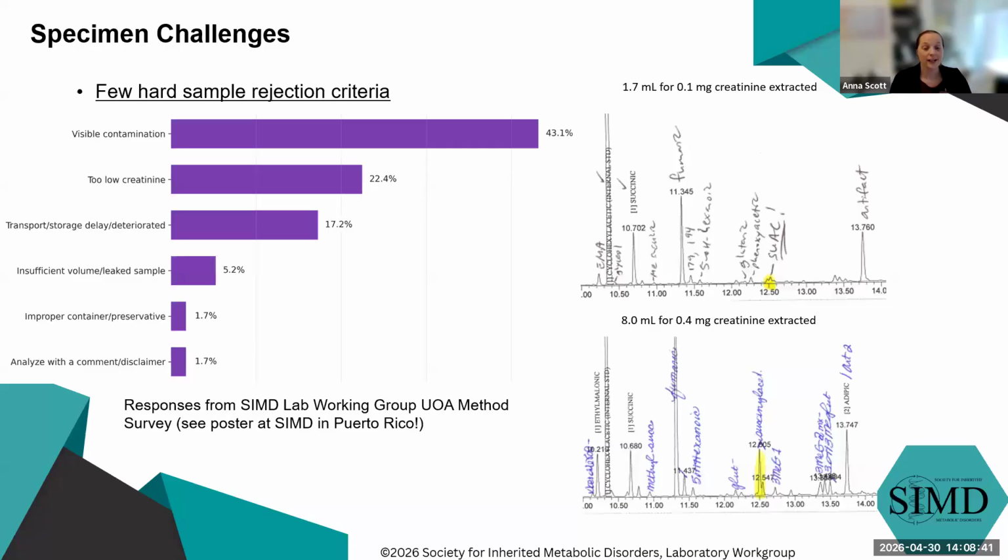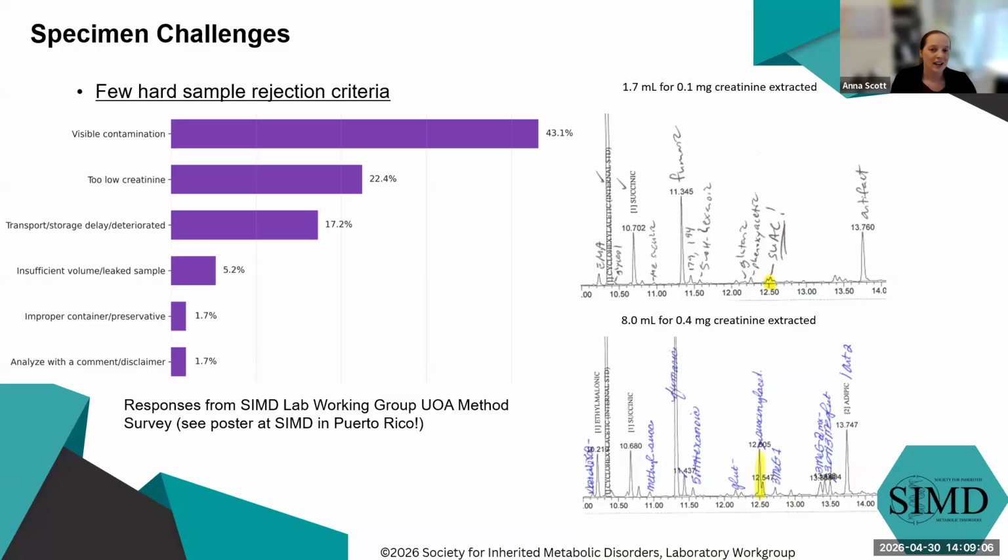Now, urine organic acids are tested in a wide number of labs, and you may have noticed your favorite lab may have different sample requirements than the next lab over. And this is because specimen requirements are actually kind of challenging. At the end of the day, all of us in the laboratory, we want to make the most of whatever samples we get.